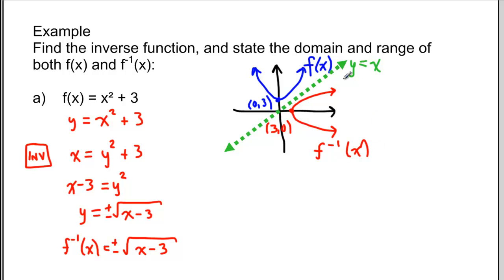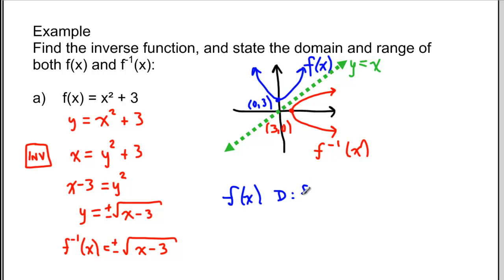Now step 2 here is I need to state the domain and range of each. So the first one should be easy. I'm going to do it in blue. So the domain of f of x, well, it's just a parabola that has moved up 3.